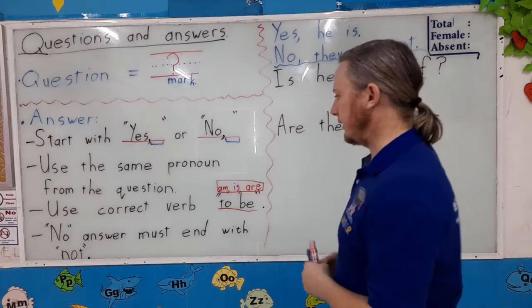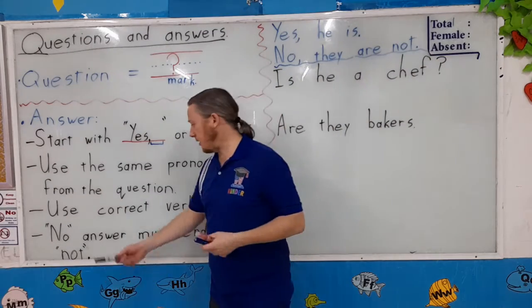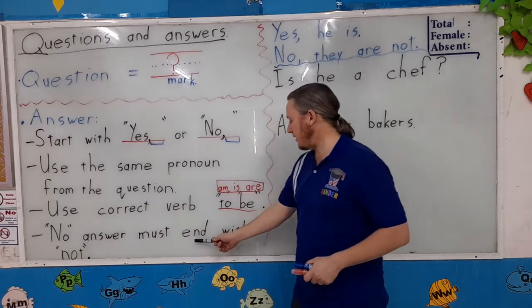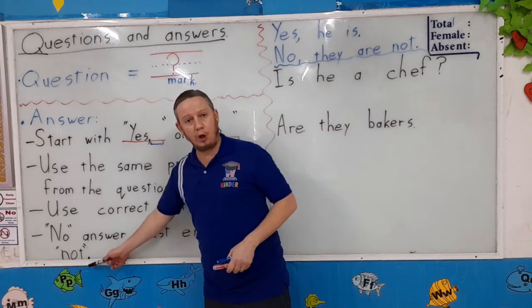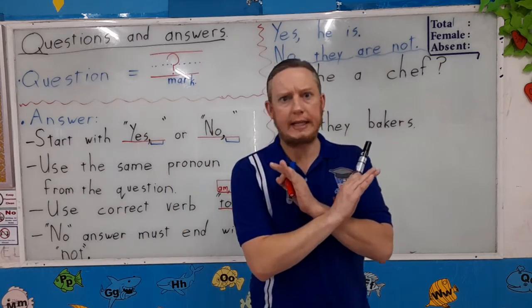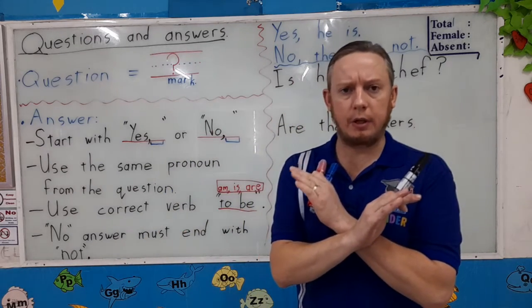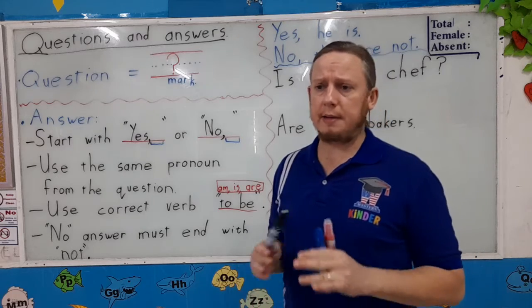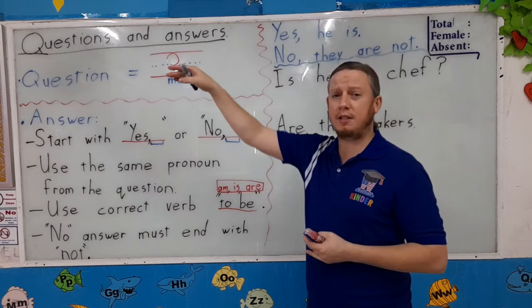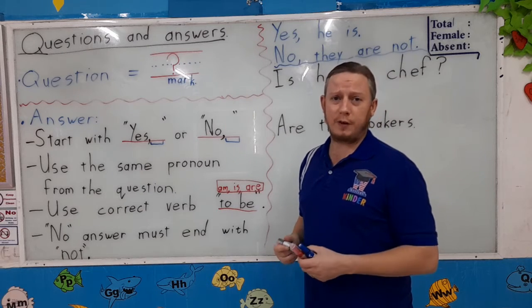Let's look at the last one. If we answer no, the no answer must end with the word not. Not. No, he is not. Okay. It's one of the things that makes a little bit less sense, but it makes perfect sense when you get into later stages in grade 4, 5, and 6.